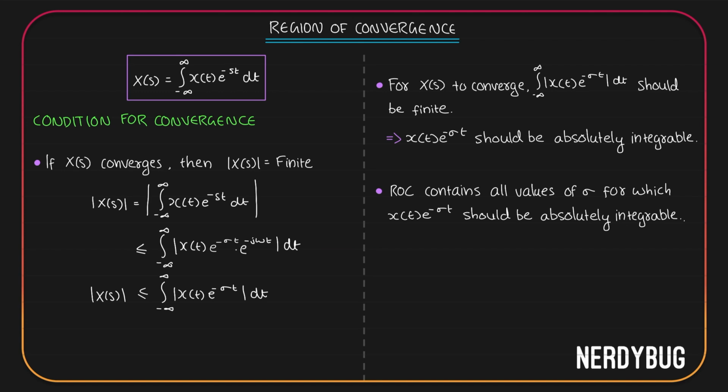Now, the most important thing that you can notice here is that ROC only depends on the values of sigma, it does not depend on omega. Because when we were finding the condition, the magnitude of e raised to minus j omega t simply became 1. Let us note it down. ROC is independent of omega, it only depends on values of sigma.